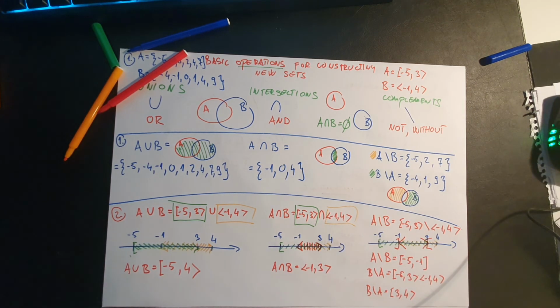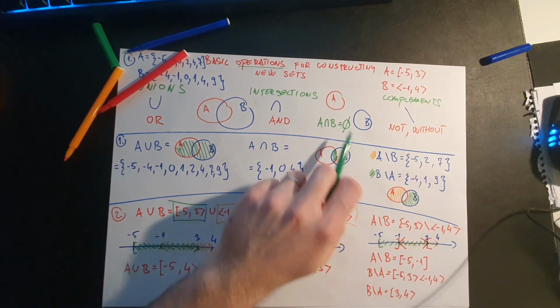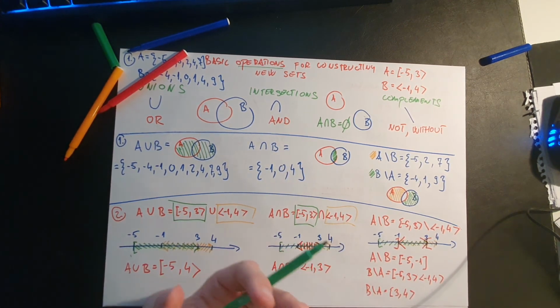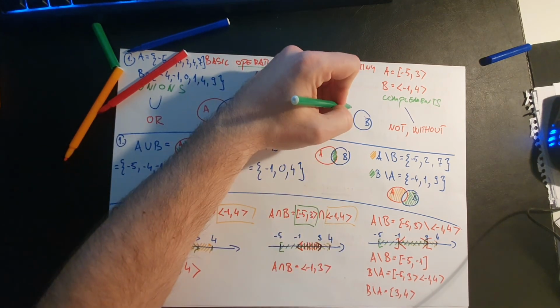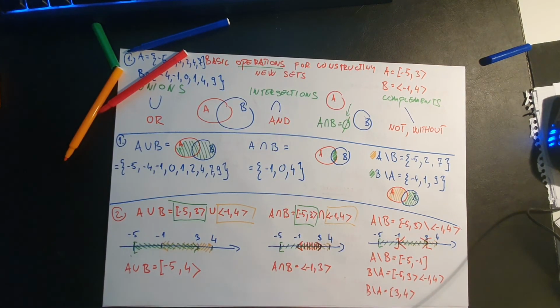We're going to talk about it sometime in the future. But this is the zero set, or set without any members. It has nothing inside of it, and this is something new in mathematics.